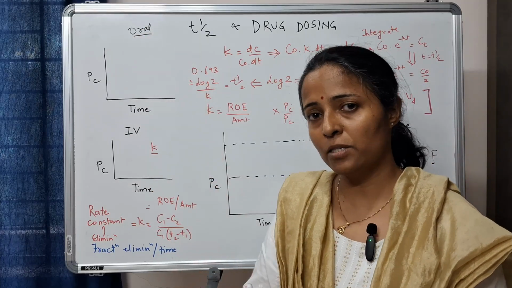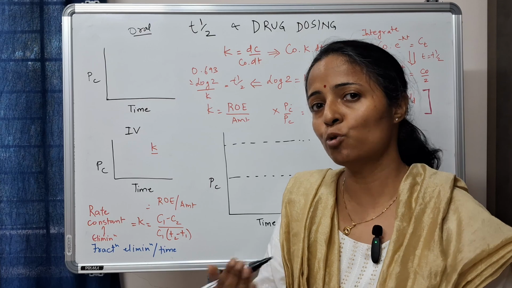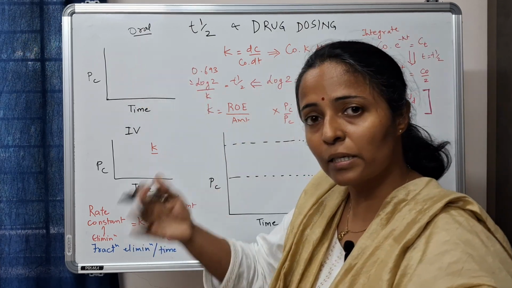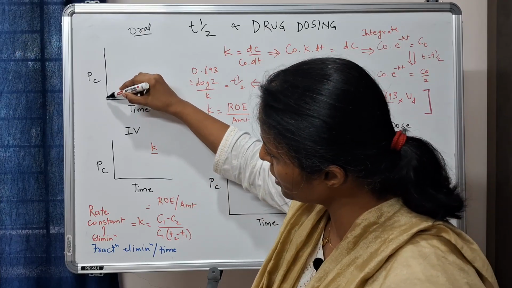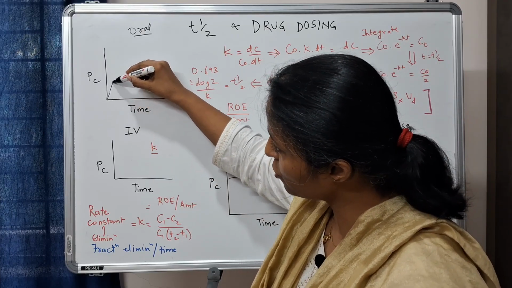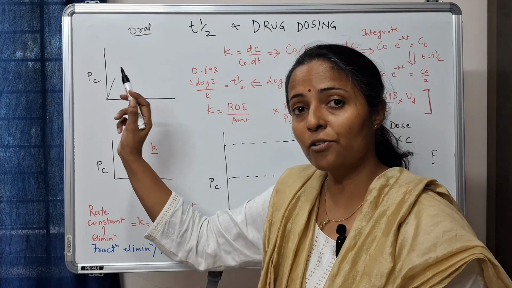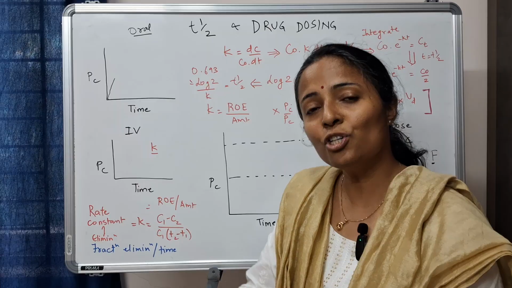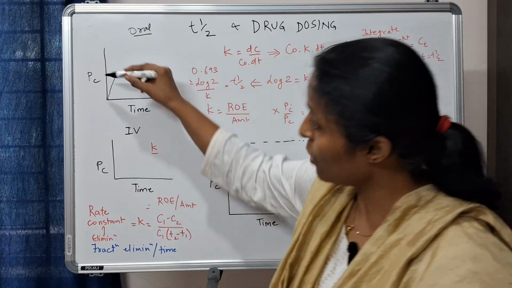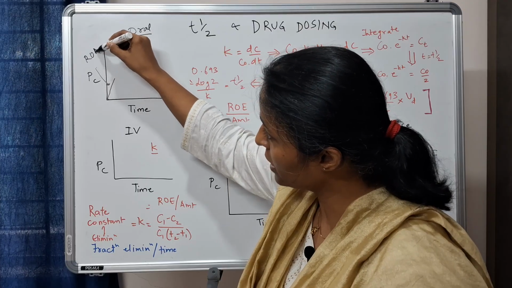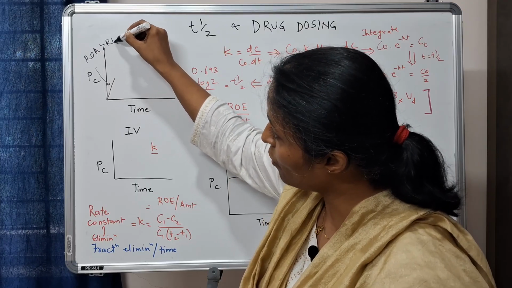See, as you administer, the drug will start getting absorbed from the site of delivery. Oral route means it will get absorbed from the intestine and slowly the plasma concentration of the drug will start rising. Now, as the plasma concentration starts rising, remember that elimination will also start. At this point, the rate of absorption of the drug is greater than the rate of elimination.